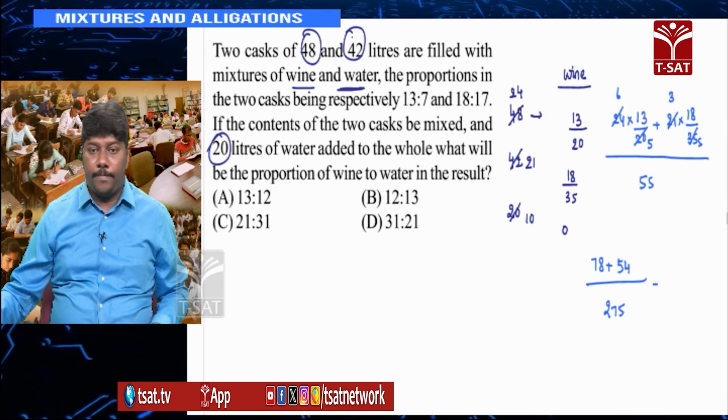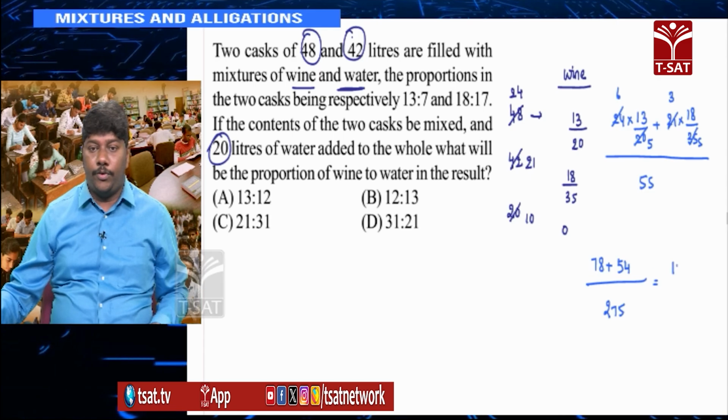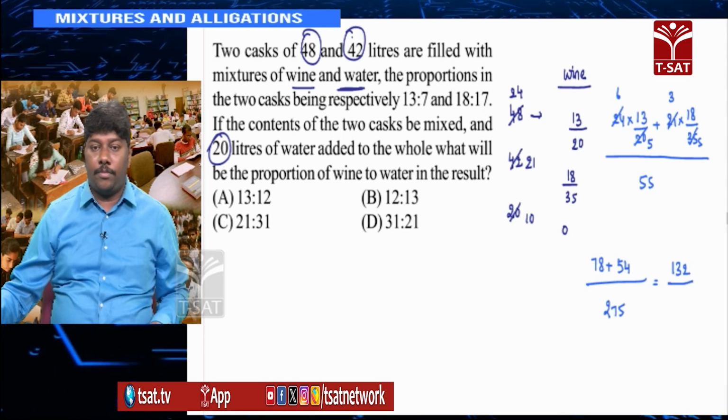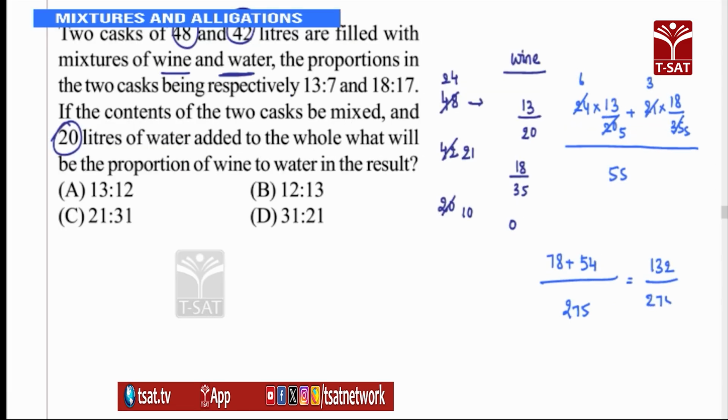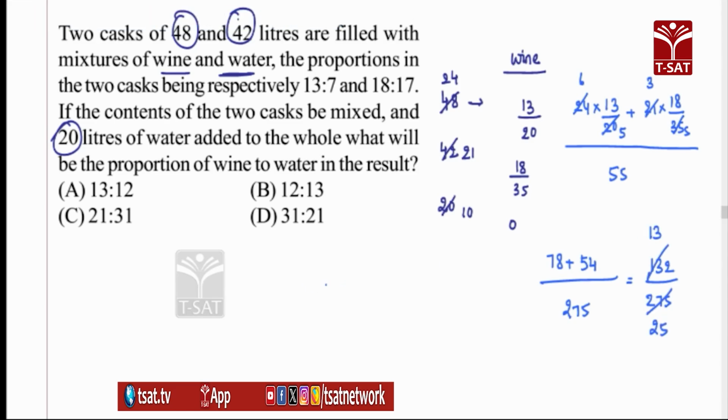Together, we are going to get 132. Cancel it in the 11 table. I would say 11 25s are 275, 11 12s are 132. So how much wine is there? Wine is 12 parts, water is 13 parts.